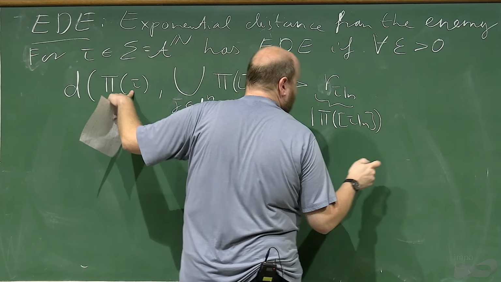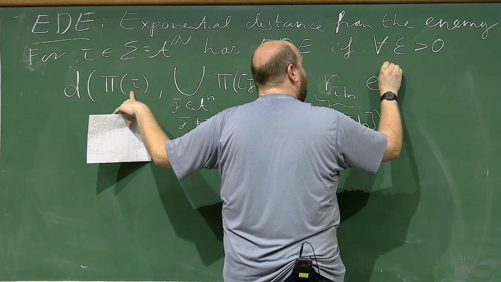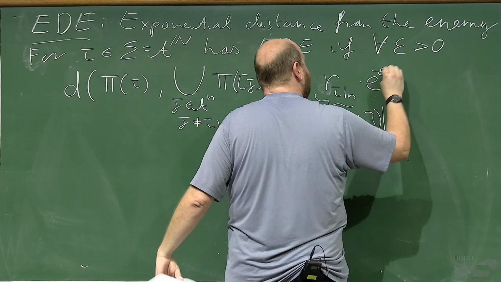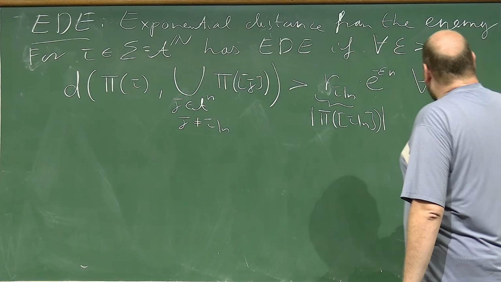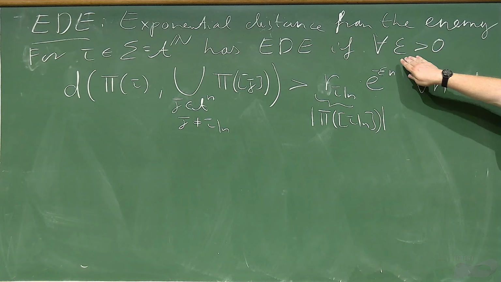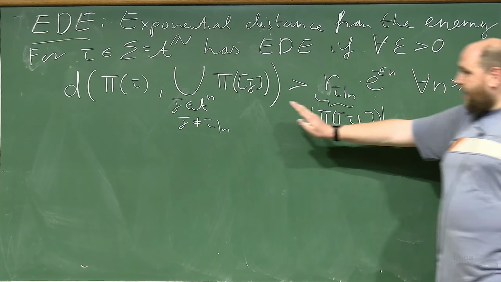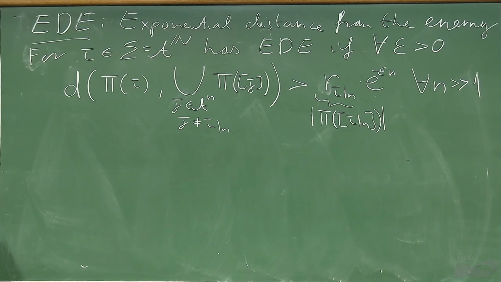Of length n containing this point, times e to the power minus epsilon n, for every n sufficiently large. So whatever epsilon error you take, after some certain time, this guy will be far from all the other cylinders.